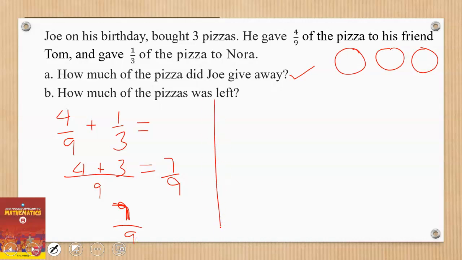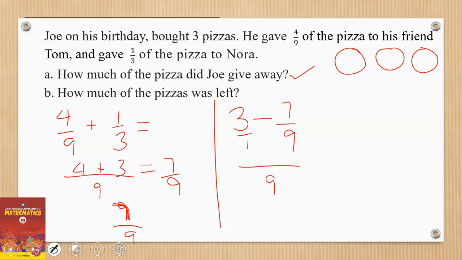Okay. Then the next question is how much of the pizza was left. Now in all we had 3 pizzas. So if you want to know how much is left, then we can take away the 7/9 from it. And that, of course, we have LCM here again to be 9. Here is 3 over 1. We subtract.